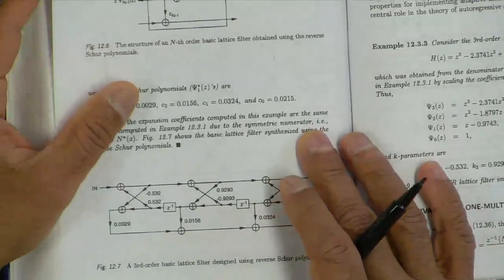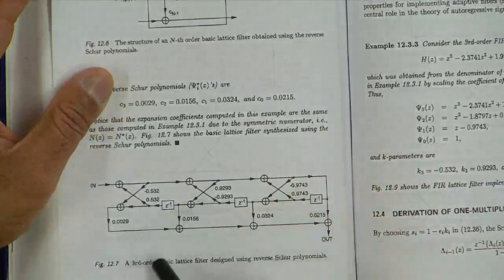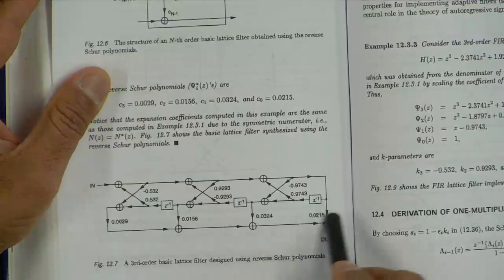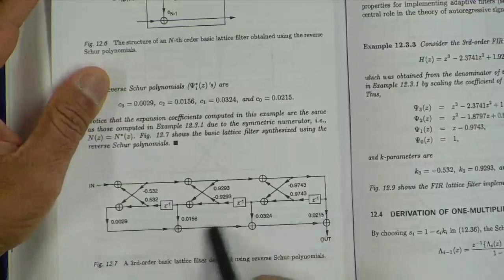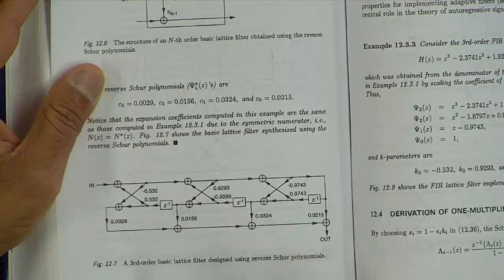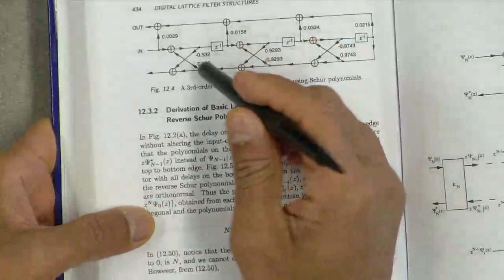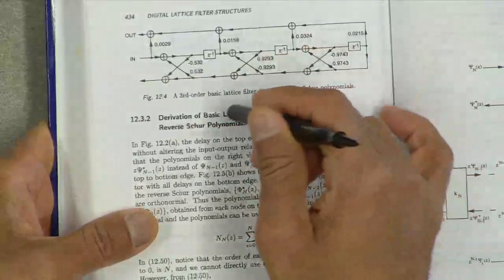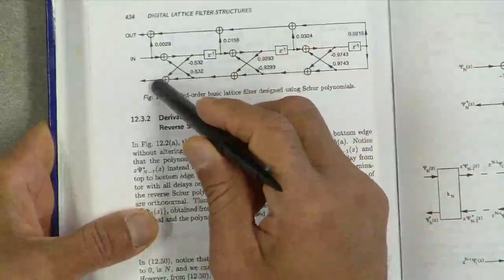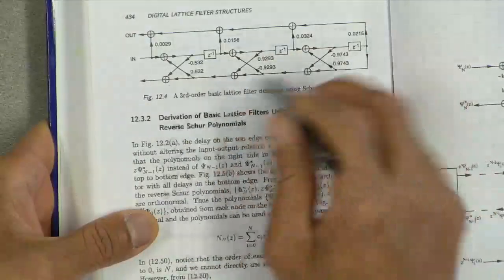It is not that these coefficients remain the same. There is a fundamental difference. It's not that we took this and expanded the numerator from these points. We didn't do that.